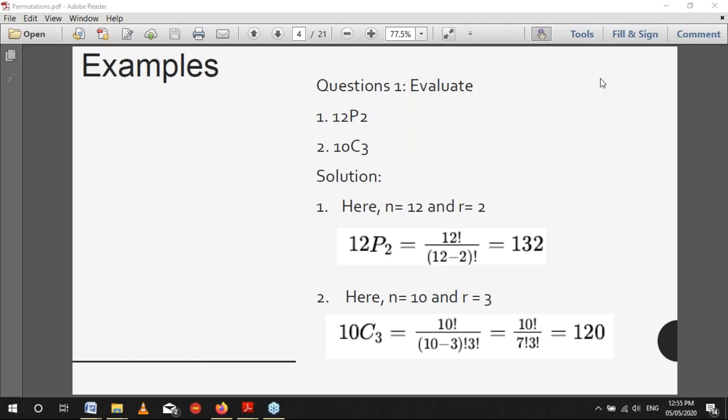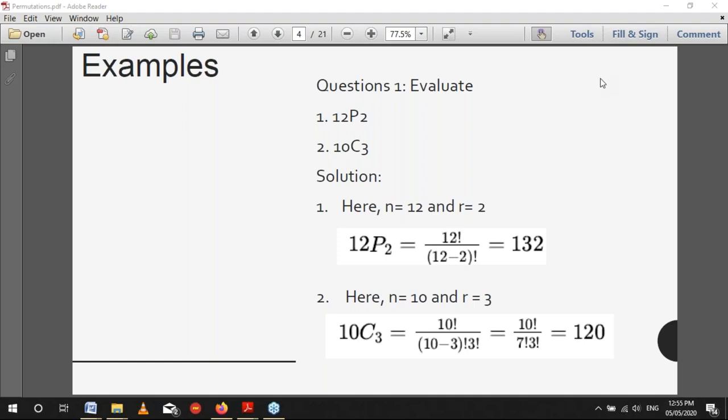That gives you 12 factorial, all over 12 minus 2 factorial. 12 minus 2 will give you 10. So the 10 factorial, if you do it the same way I did it, you multiply all together, then divide by the denominator, and you get 132.